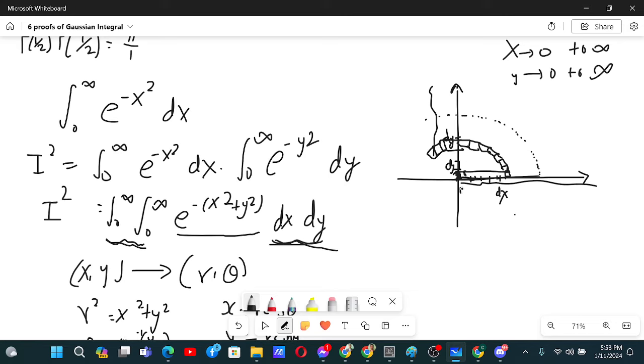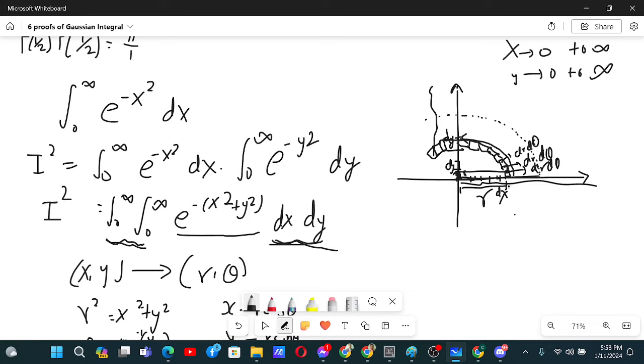So for this value of r, theta needs to go from 0 to pi by 2. This is one dr d theta, this is another dr d theta, and this is another dr d theta, and so on.